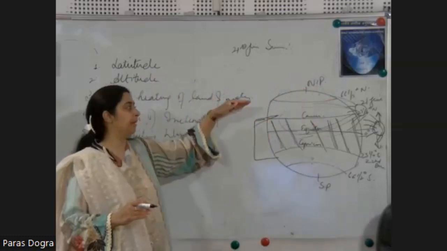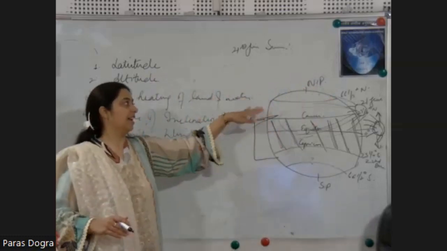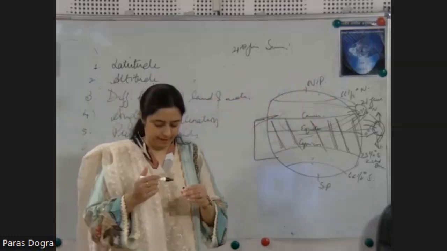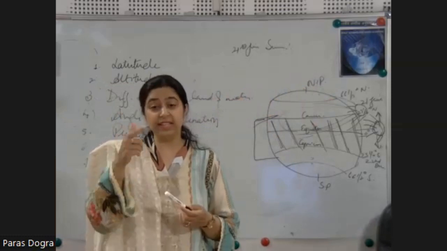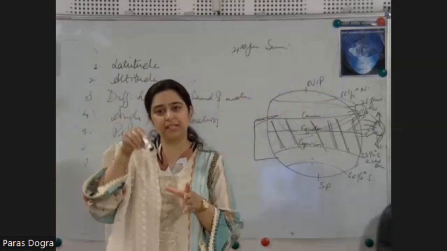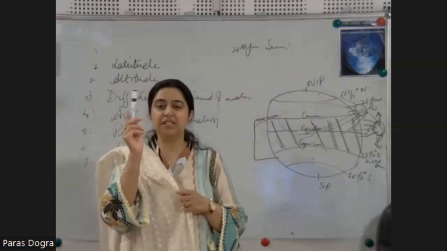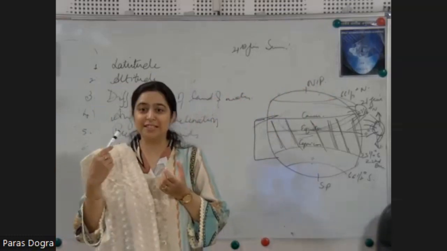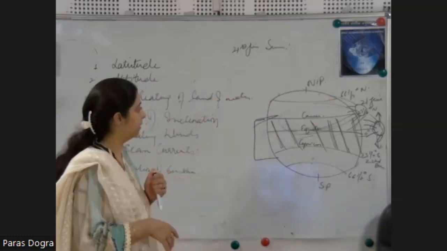So that's why some places on the earth are never going to face the sun directly. That's why these places are warm when the sun is in their hemisphere, and these places experience freezing temperatures when the sun is away from their hemisphere.